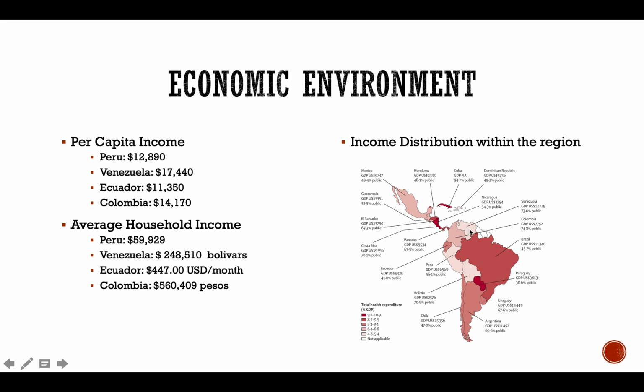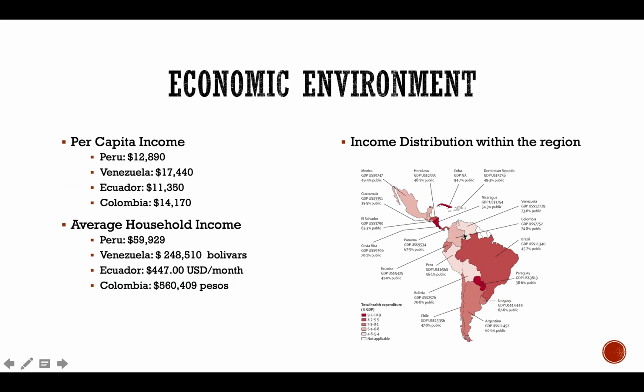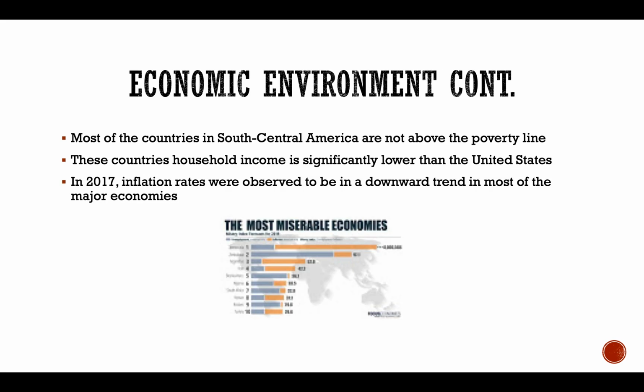But in the South Central America region, it averages from about 4.8 to 5.4% GDP. Most of these countries in South Central America are not above the poverty line. These countries' household income is significantly lower than the United States. In 2017, inflation rates were observed to be in a downward trend in most of the major economies.